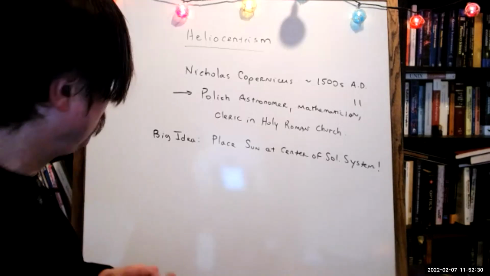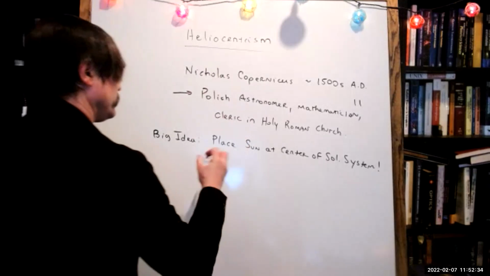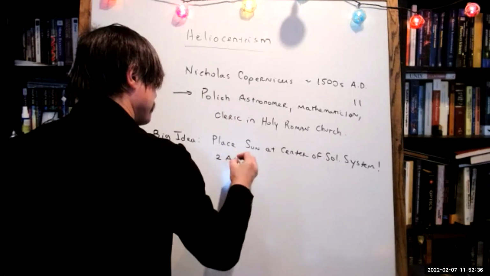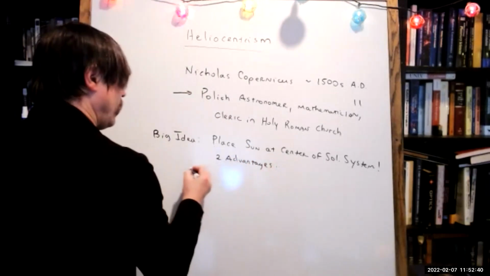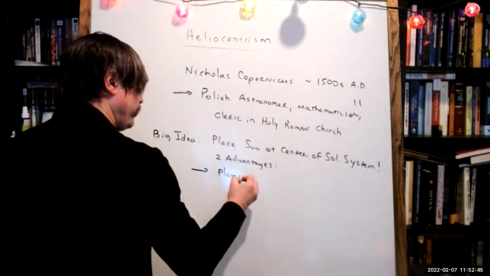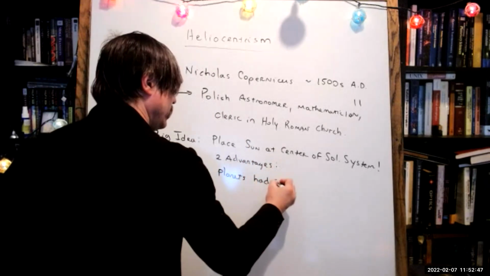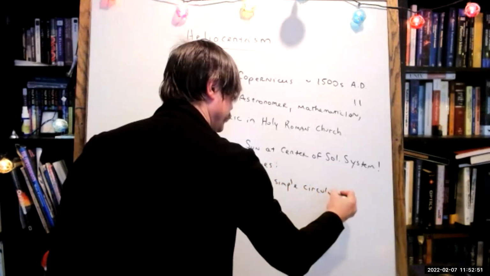So placing the sun at the center of the solar system had two advantages. One, it gave the planets simple circular motion.